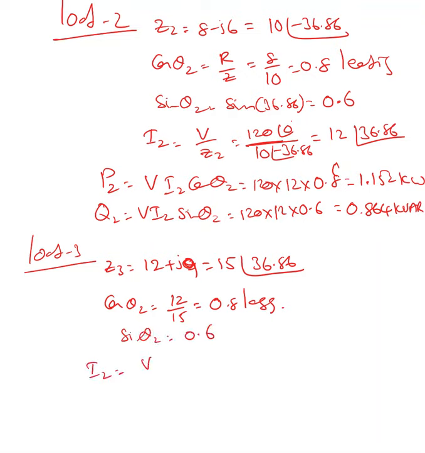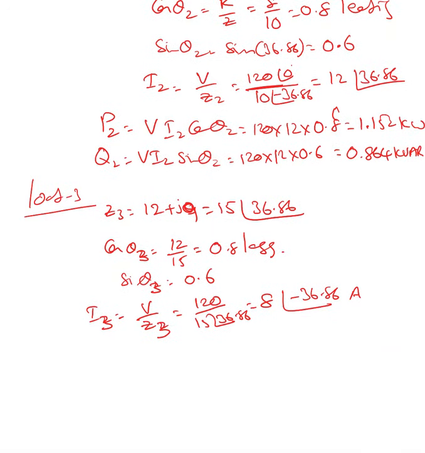Now I3 must be V over Z3, 120 over 15 at an angle of 36.86, which is 8 at an angle of minus 36.86 ampere. My apology, it's load 3 throughout.